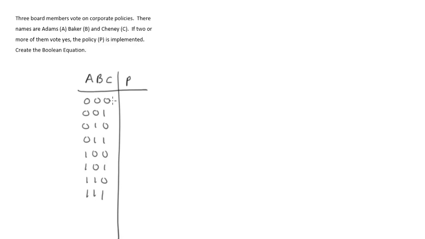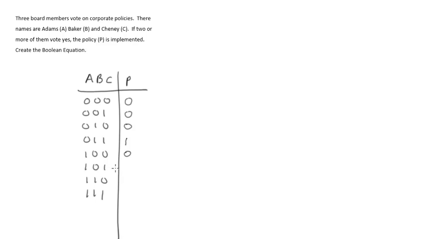That's not here, so that's a 0. That's not here, so that's a 0. That's not here, so that's a 0. On this line, B and C are both true, so the output is also true. On this line, only A is true, so the output is not true.